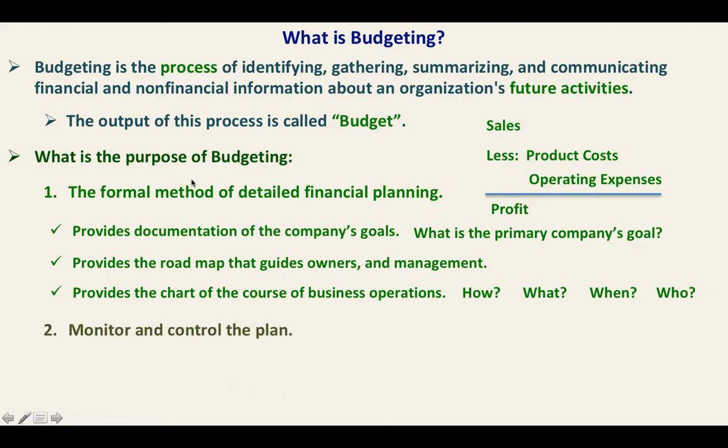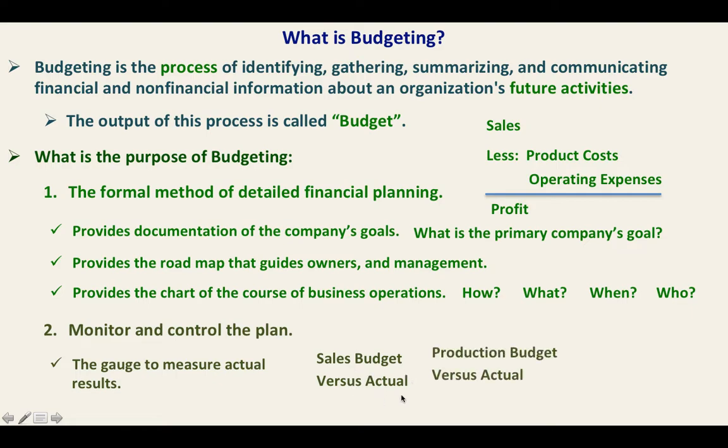The second purpose of budgeting is to monitor and control the plan. When we do a budget, we are making a gauge to measure actual results. If we prepare a sales budget, then we can compare the actual sales with our sales budget. If we have done a production budget, then we can compare the actual production with our budget.